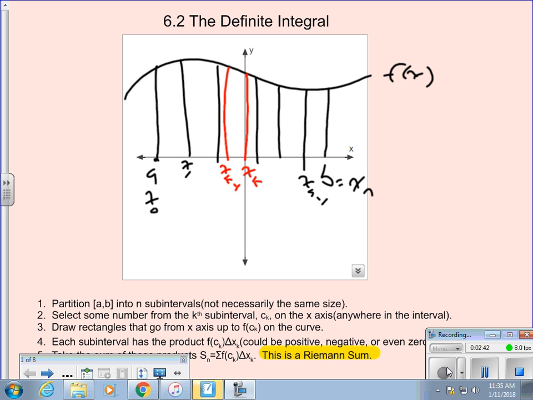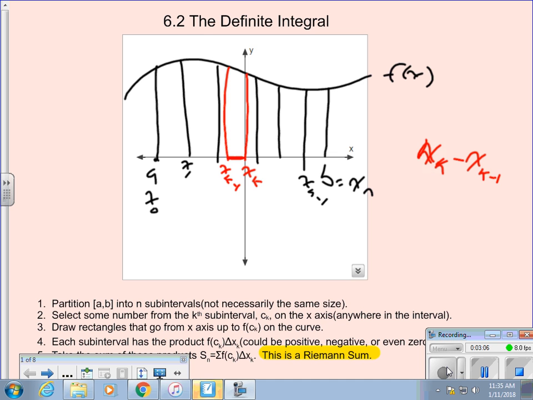The first thing we do when we make a rectangle is come up with a width. Our width is x sub k minus x sub k minus 1. You take the x value and subtract the x value before it. That's how wide that rectangle is.